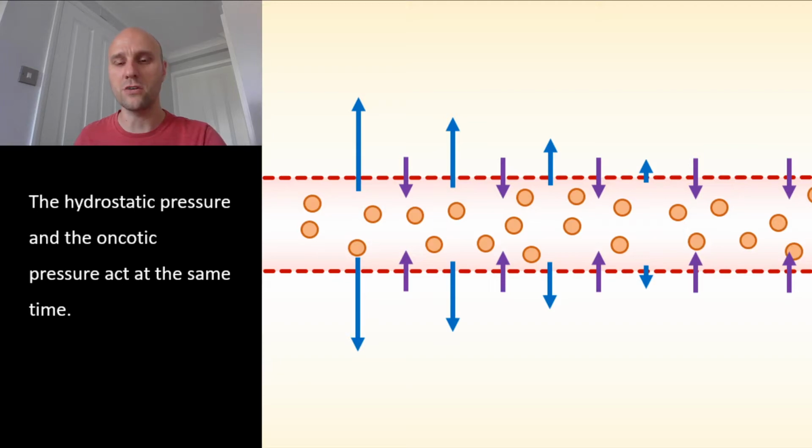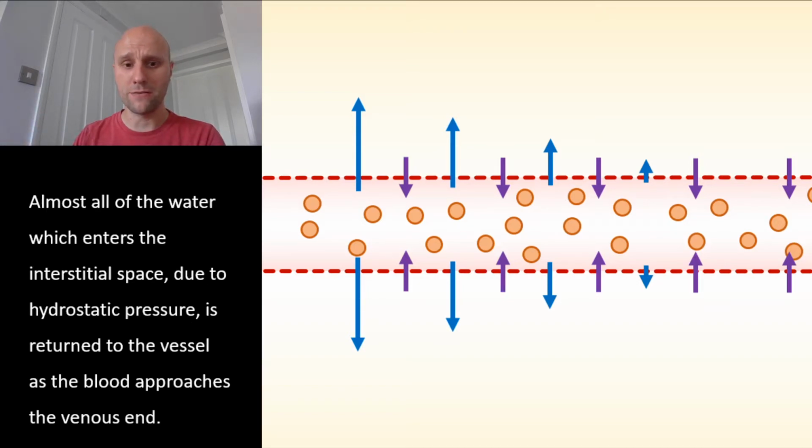There's the hydrostatic pressure forcing the fluid out of the capillary into the interstitial space, and the oncotic pressure drawing the fluid back in. And almost all of the water that is pushed out by the hydrostatic pressure is drawn back into the capillary by the time it gets to the venous end.